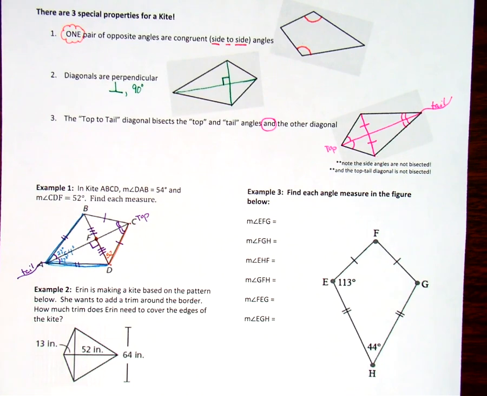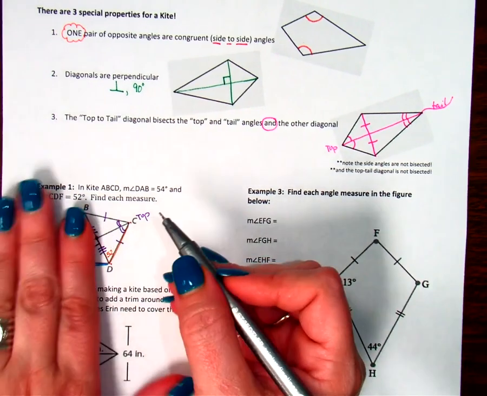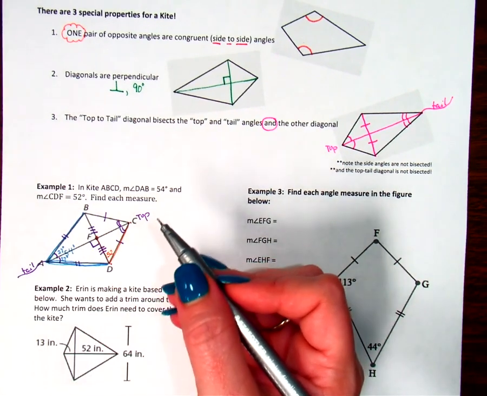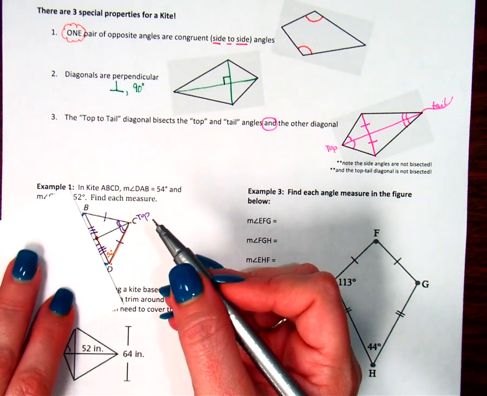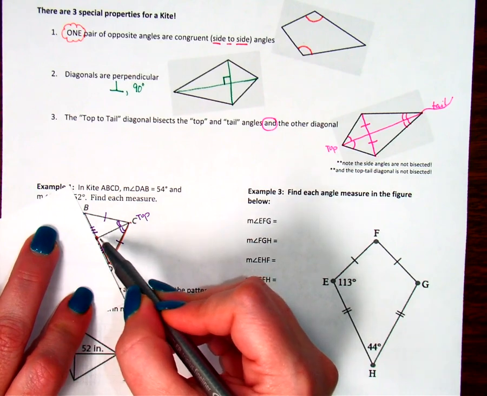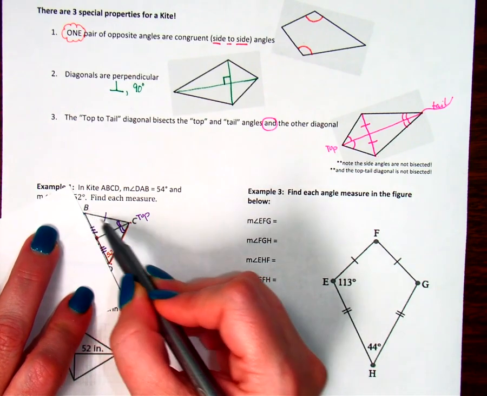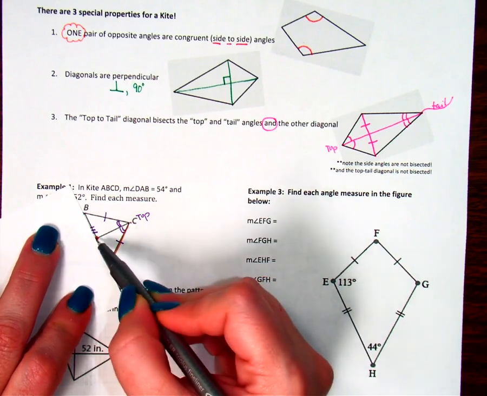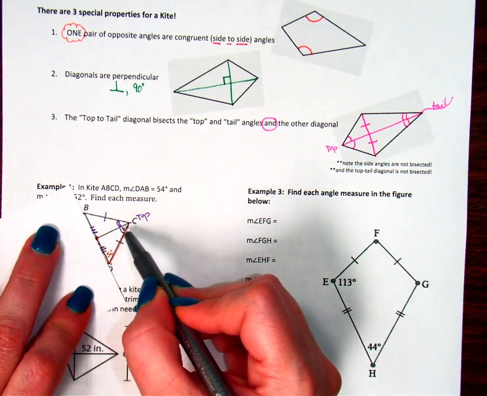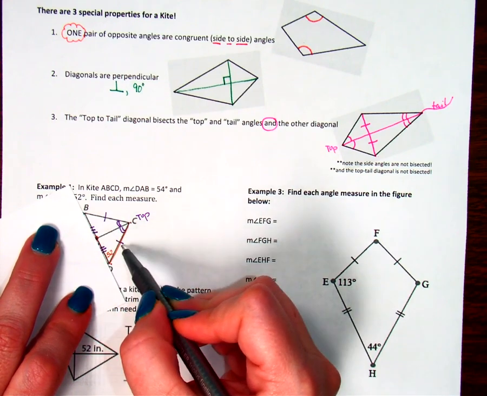When I look at these two triangles, if I kind of cover up part of this, let's see if I can do that this way. There we go. When I look at these two triangles, I can see that all 3 sides are the same. I've got 3 tick marks, 3 tick marks, a single tick mark, a single tick mark, and then I have this reflexively shared side. So by side, side, side, these triangles are exactly the same.